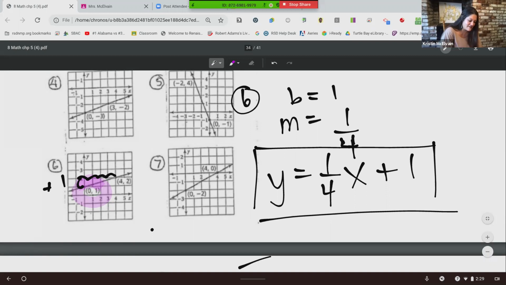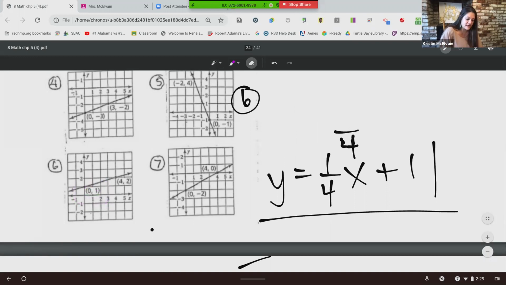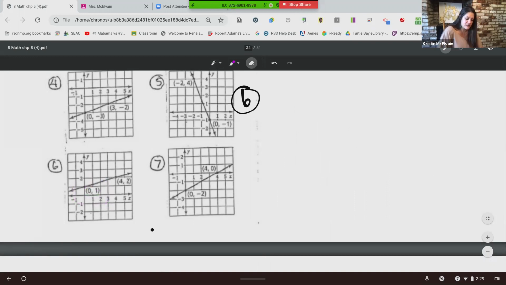One left of these problems. All right, number 7. Okay, so number 7, when we're looking at this and we're trying to find the b, it is whenever x is 0.